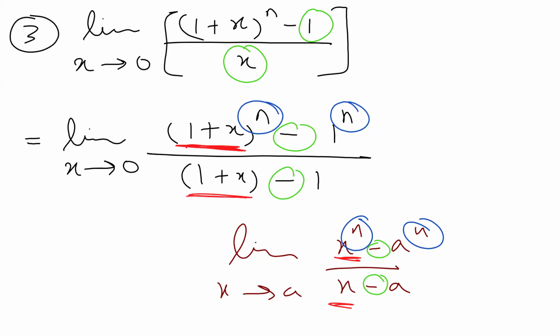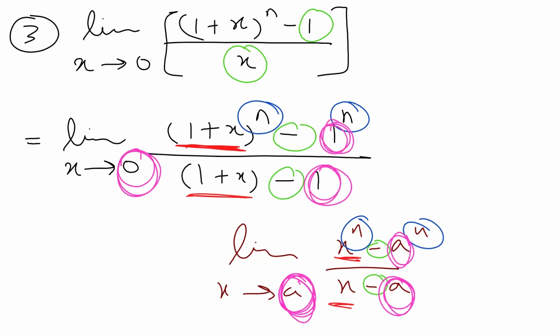The problem is with only one value and that value is a. So the limit value, this a, is it the same? No, sir. It's heading to 0 rather than 1. No, don't tell me the answer. I'm just asking whether a is the same.